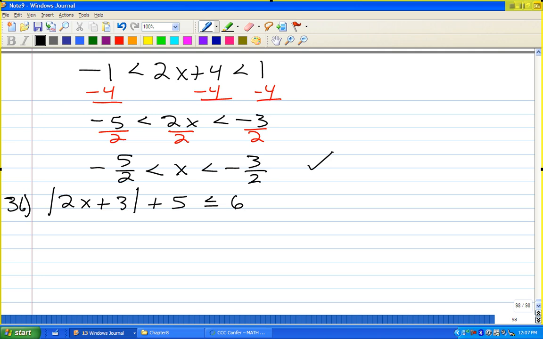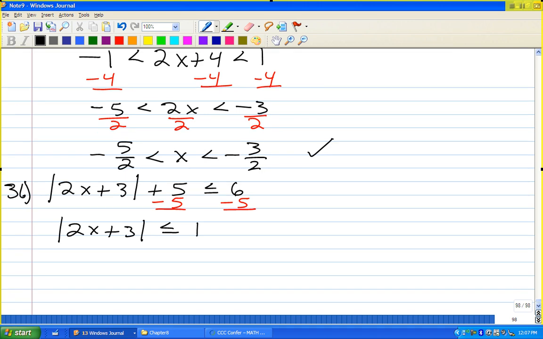Let's first try to isolate the absolute value on one side of my equation. So let's subtract 5 from both sides. So the absolute value of 2x plus 3 is less than or equal to 6 minus 5, which is 1.